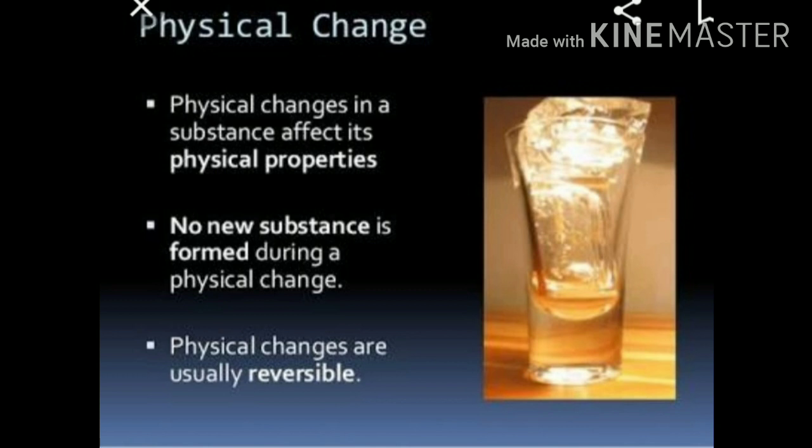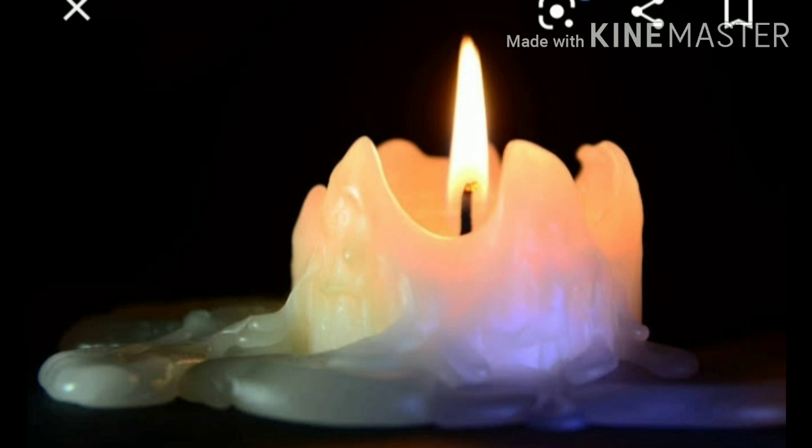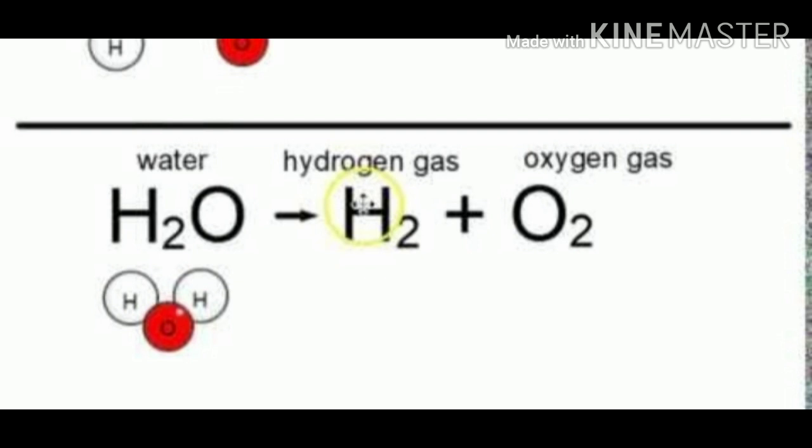Now think about more activities, like the burning of a candle. When the candle is burned, the wax melts. So melting of wax is a physical change. I agree with that. But the candle burns and forms smoke. That is a chemical change, students. Just now we studied that the interconversion of water is a physical change.